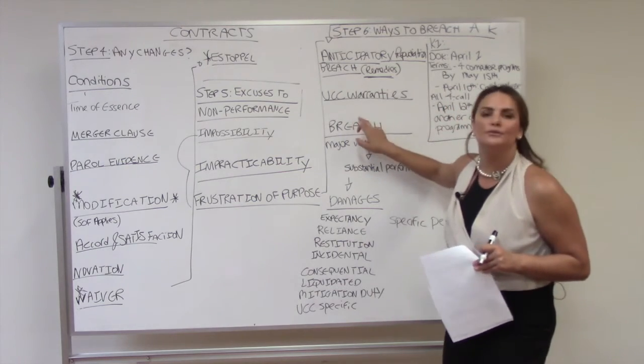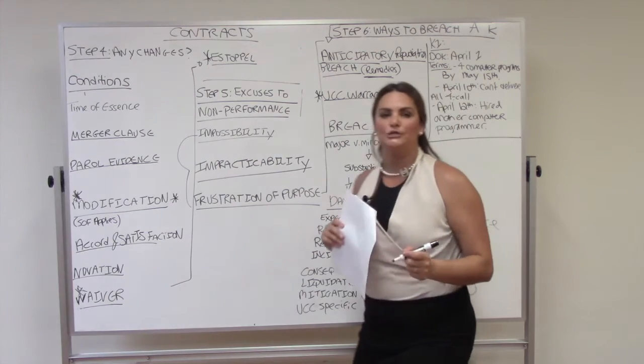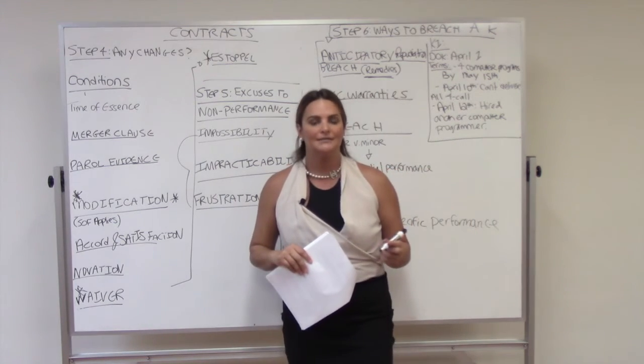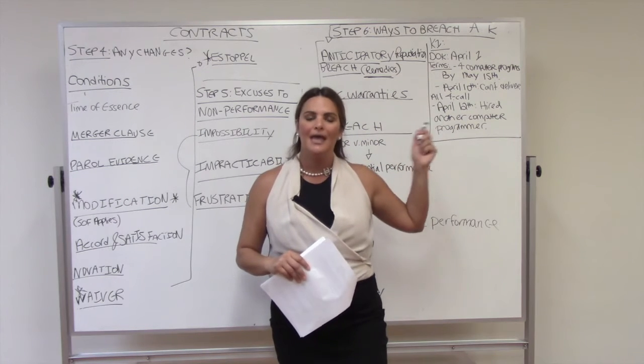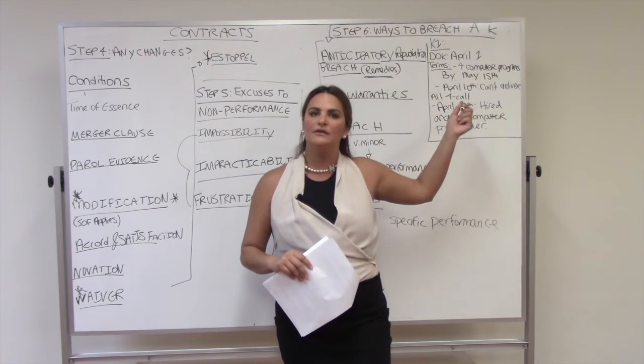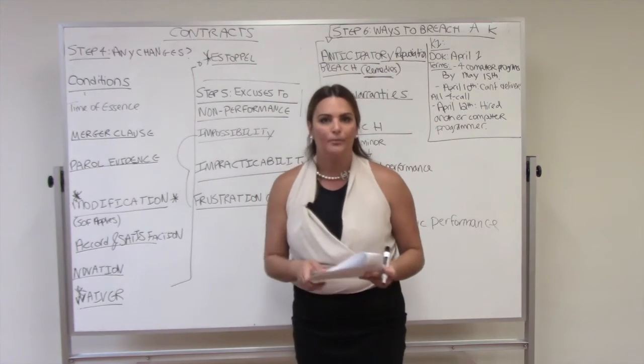There are also UCC warranties. Remember in part 1 I told you about that February 2016 contracts essay? This was one of the first times these UCC warranties were tested, and a breach of any one of these warranties will be a breach of the contract and your way to prove breach.